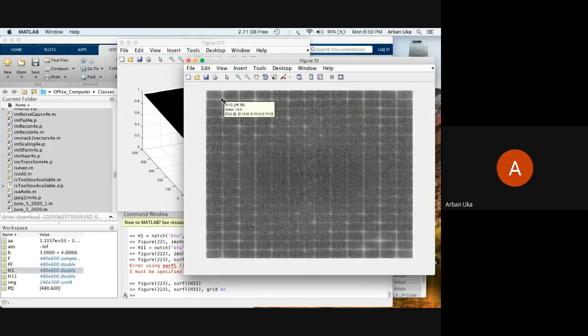But if we want to remove this specific frequency, which is right here, we cannot remove it completely by multiplying with 0 only this point. We have to multiply with 0 also this other respective domain, because this frequency is like a vector which has a projection along kx and a projection along ky, the same way that we have vectors in the xy domain.